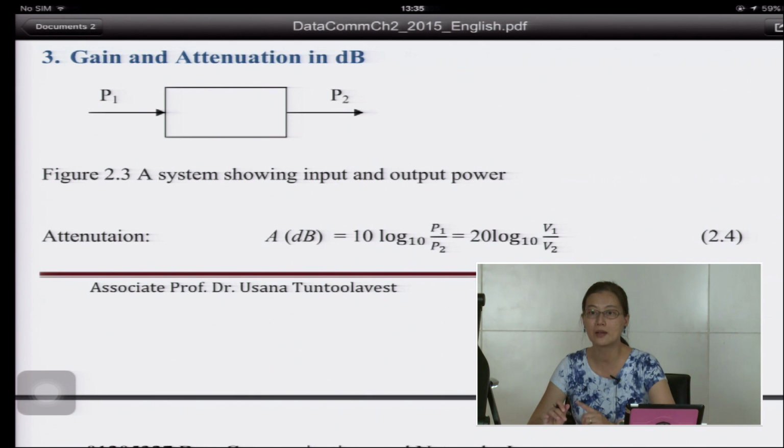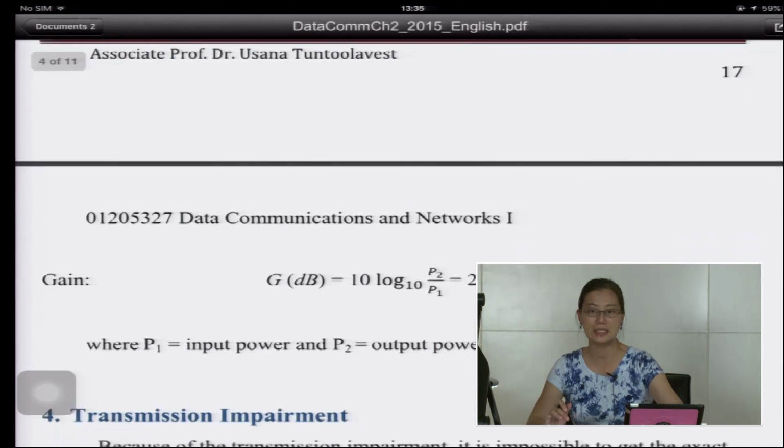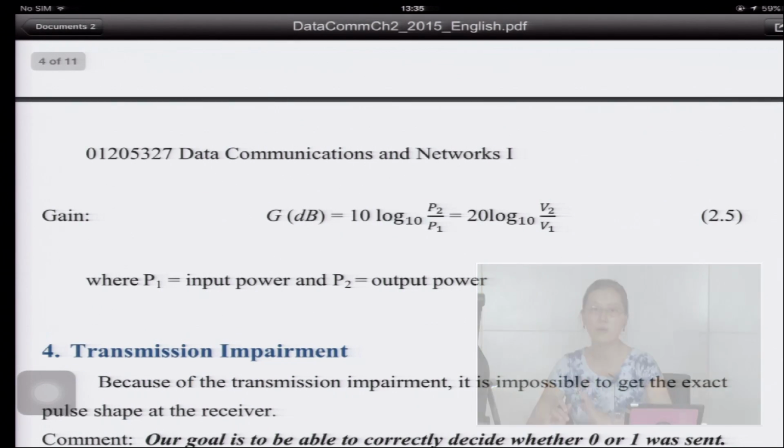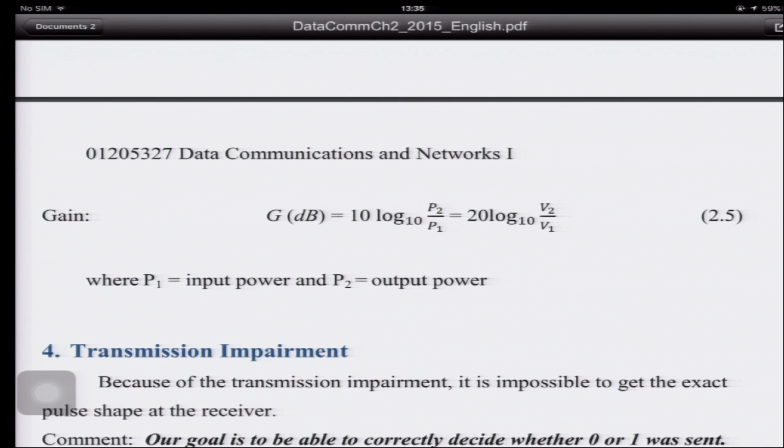If you think in terms of voltage, it's going to be 20 log base 10 of V1 over V2. But if you calculate the gain, it is different. The output is more than the input, so you have a gain. The gain in dB equals 10 log base 10 of P2 over P1.